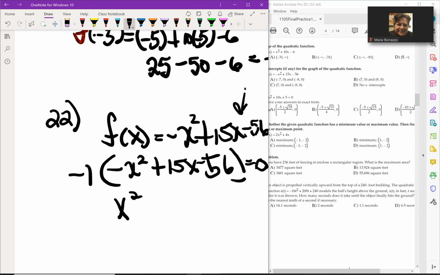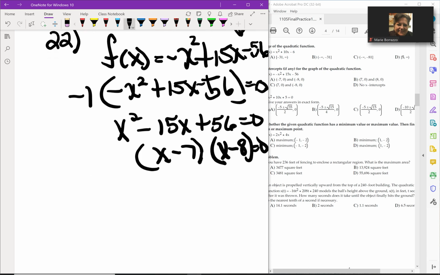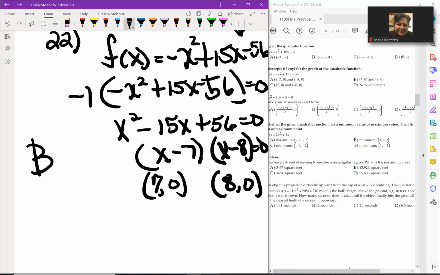I'll get x squared minus 15x plus 56 equal to 0, which is going to yield x minus 7 times x minus 8 equal to 0. So my x-intercepts are going to be 7, 0 and 8, 0. Looking at this, it looks like your answer choice B would be the winner.